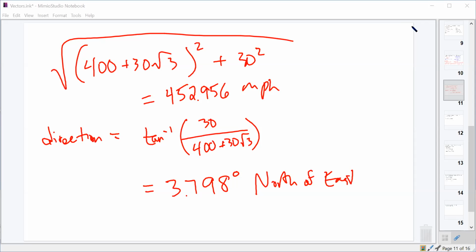Well, it's north of east because the angle you got out was 3.798 degrees. 3.798 is in the first quadrant, and it's just slightly north of going east. Suppose when you'd done this, you'd gotten negative 3.798, then you would have said it's 3.798 degrees south of east, or you could have said that it's traveling at an angle of 360 minus 3.798.